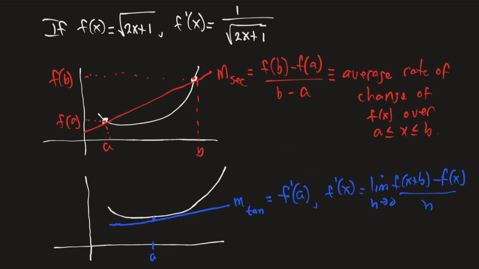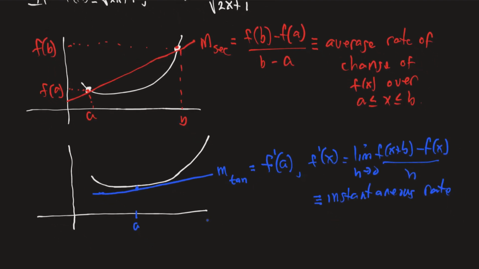Well, it turns out there is a rate interpretation of the derivative as well. And we call it the instantaneous rate of change of f of x at x equals a, right? So the word average now becomes instantaneous. It's still a rate because it's a slope, and that's what a slope is: a rate of change.